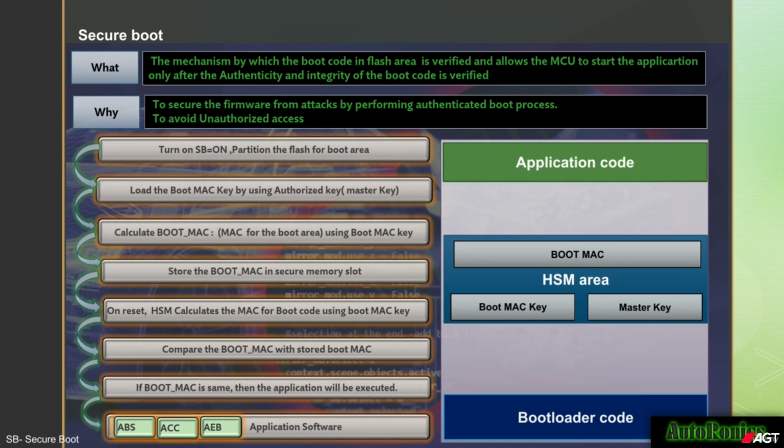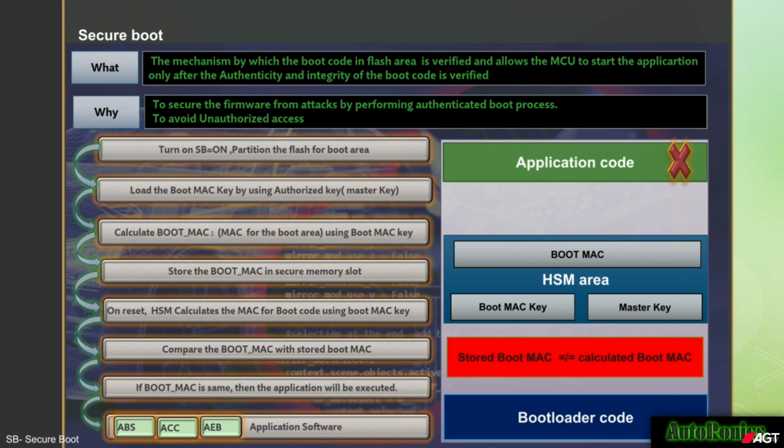So let's see a negative scenario where the boot MAC calculated after the reset is not the same as the stored boot MAC. In this scenario, the application code will not be executed. So we stop the system since there is a mismatch in the calculation of the boot MAC.